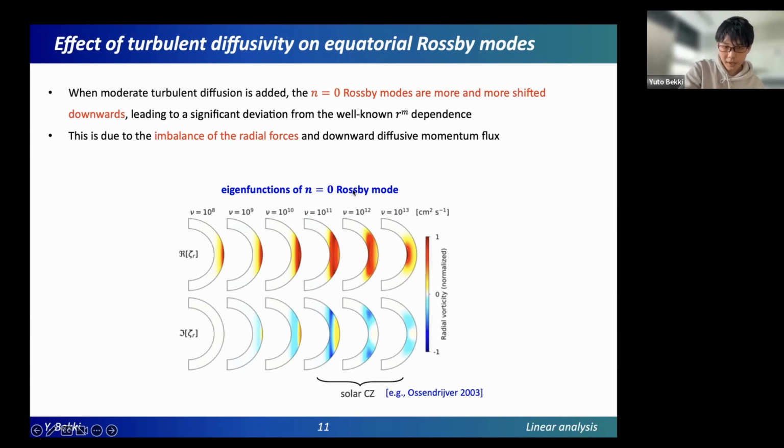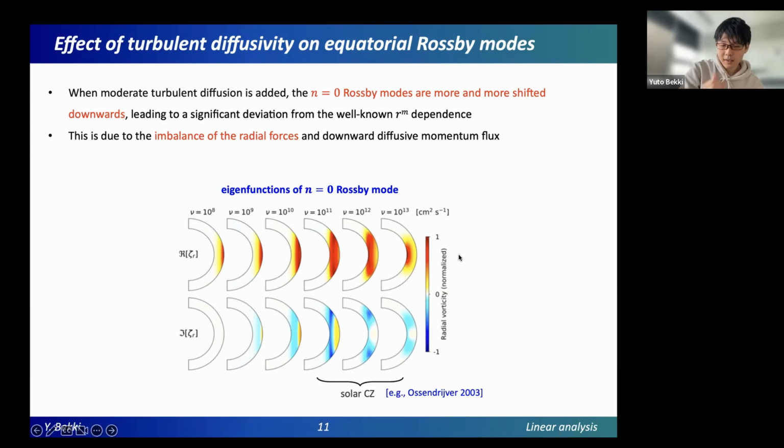From left to right, I increase the value of nu. If there's no viscosity, the radial dependence of the equatorial Rossby mode can be described by r to the m. This can be shown analytically by assuming the radial force balance between the Coriolis force and the pressure gradient force.